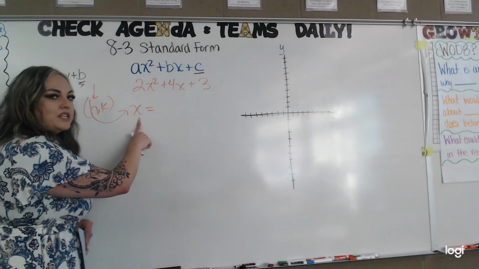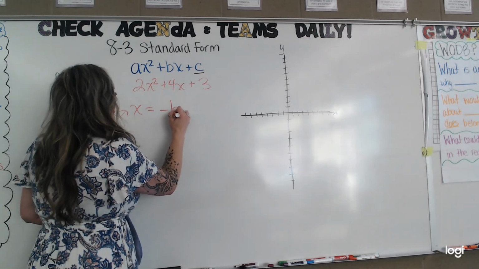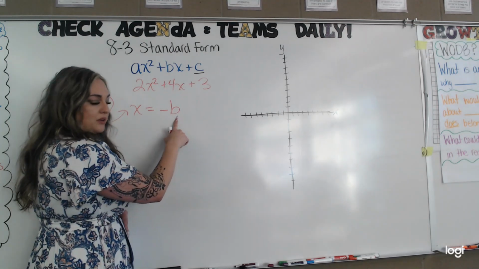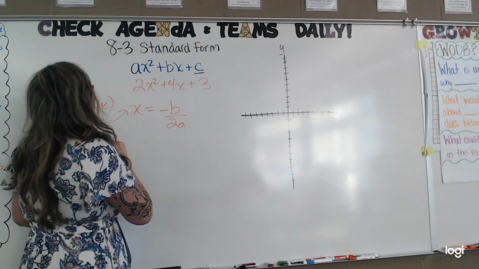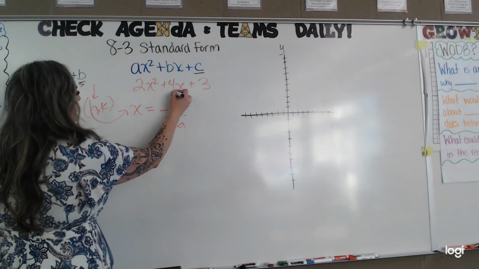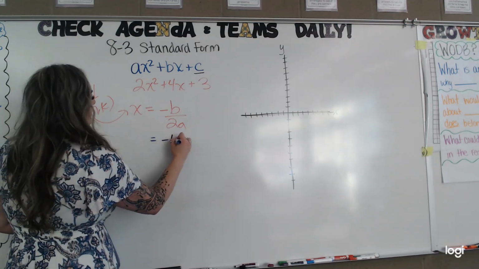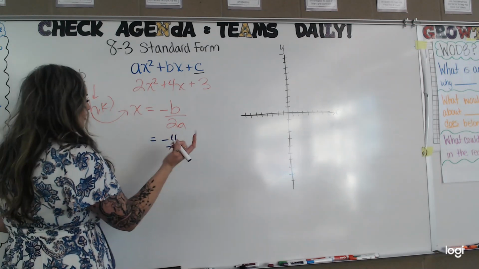And the way that we do that is we use this formula that is negative b, or opposite of the b value, divided by 2 times a. So let's just do that. Let's practice. Opposite of 4 is negative 4, and 2 times 2 is 4.